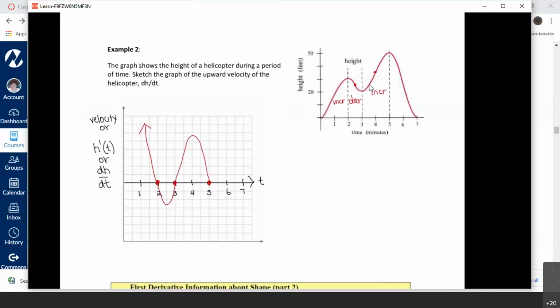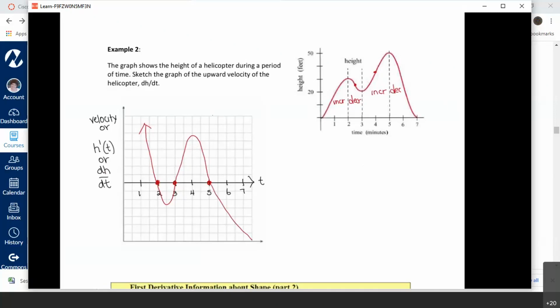But positive y values on the derivative mean that you have an increasing function. Here's my last 0 at 5, and you can see the function decreases all the way out to 8. So that means this is going to be negative all the way out to 8, however I decide to draw it.